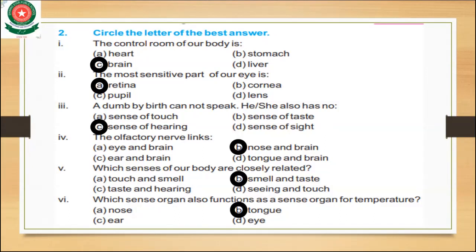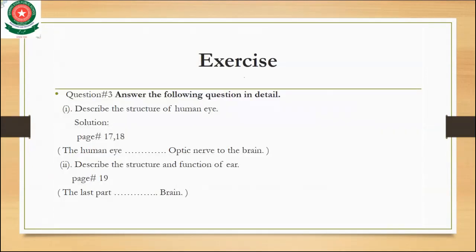Mark this. Okay, come to the exercise question number 3 part A. Describe the structure of the human eye.